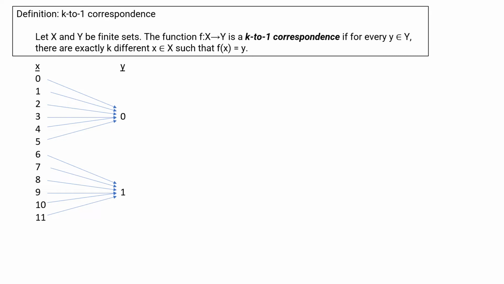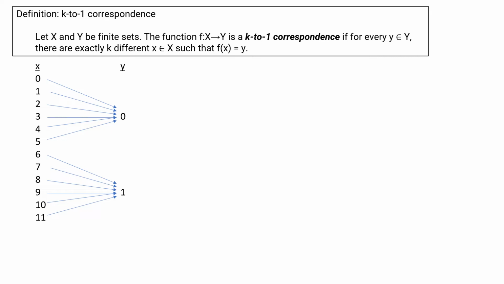The function f that maps X into Y would be considered a k-to-1 correspondence if for every element in Y there are exactly k different elements in X that map to it, such that f of x equals y.